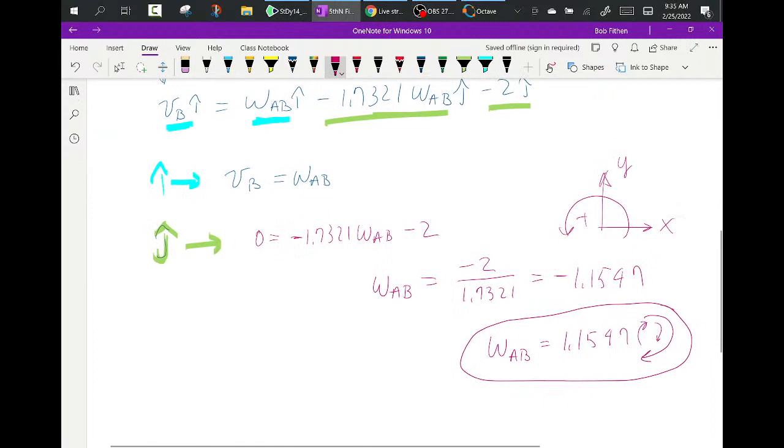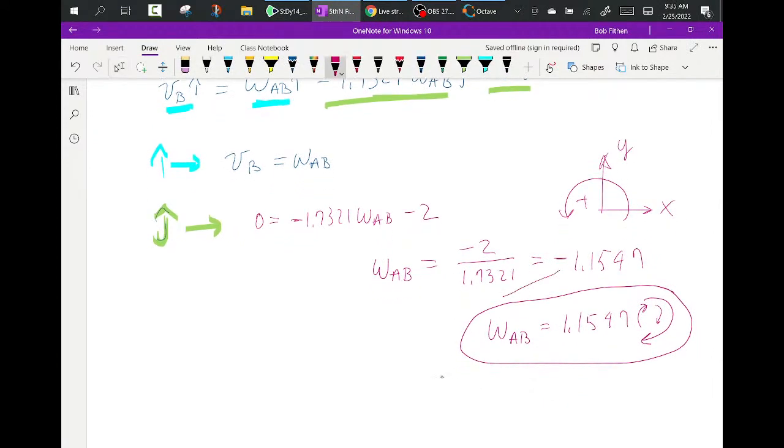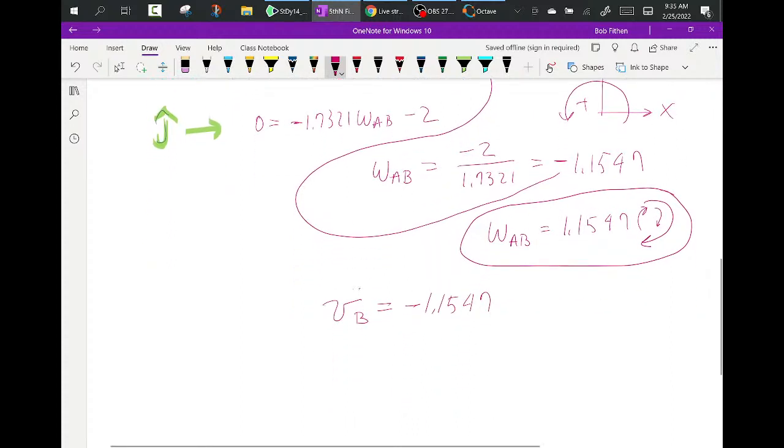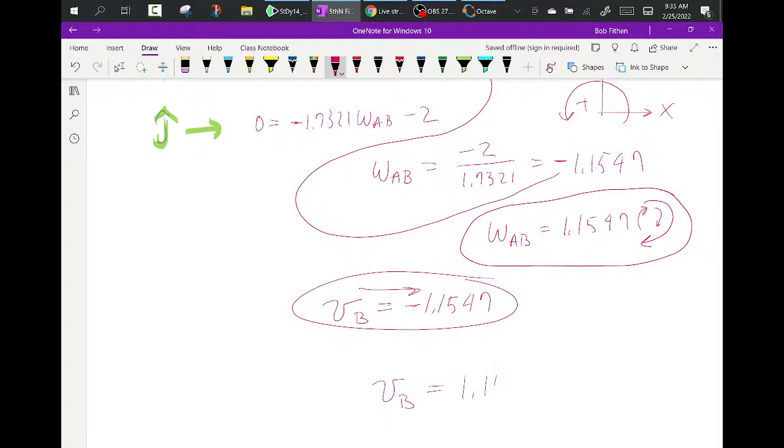Since that's a minus sign, we put it in here as a minus sign. And what we see is velocity of B is equal to minus 1.1547. That is going that way. So, in fact, the velocity of B is actually equal to 1.1547 going back this way.